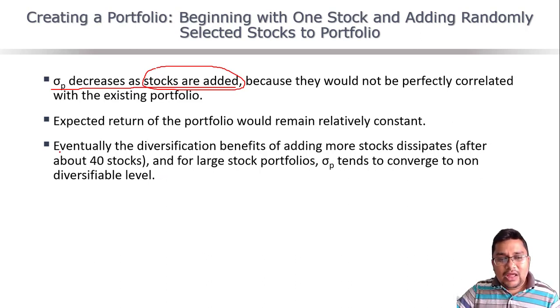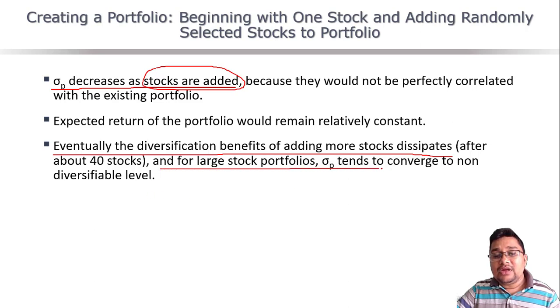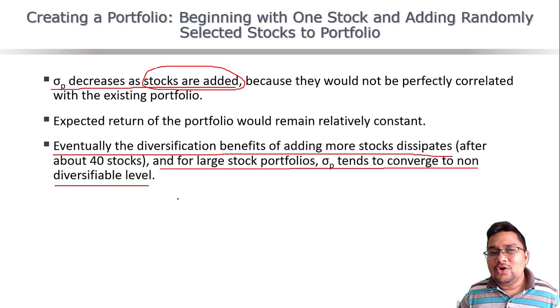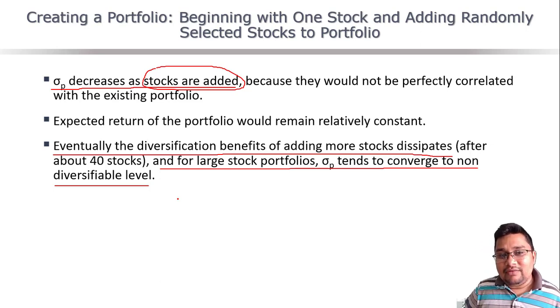Eventually the diversification benefits of adding more stocks will dissipate, and for a large stock portfolio, sigma p tends to converge to a certain level which we call the non-diversifiable level. That means after adding quite a number of stocks, your benefit of diversification may not increase as much as it increased during the initial level of addition.